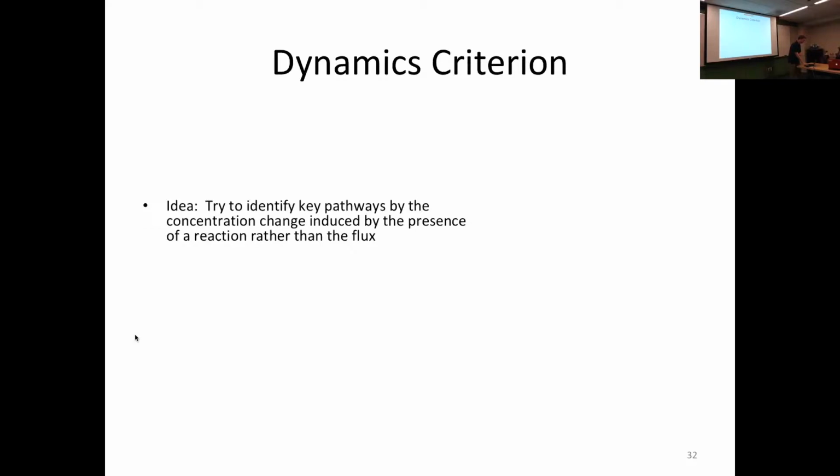Now we're going to talk about the dynamics criterion. This looks really complicated, so I'm going to go through it a little bit fast, primarily because it works effectively, but it also has a lot of side effects for your model.